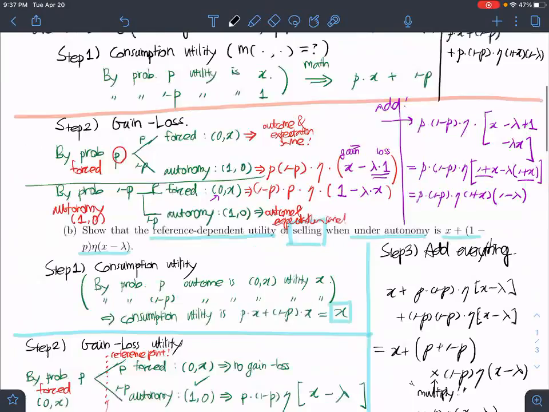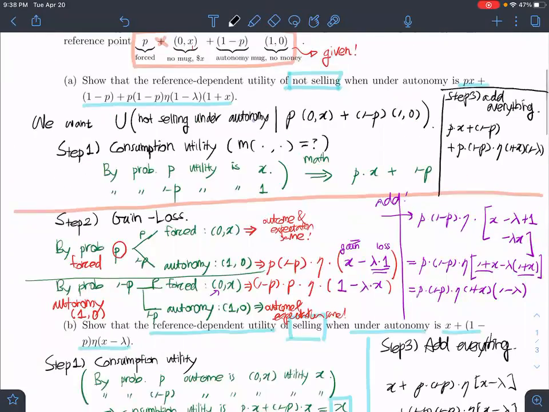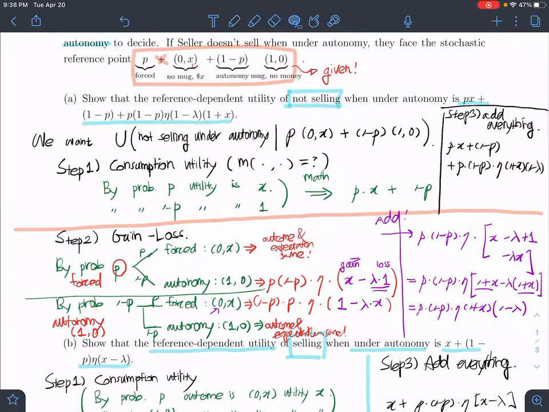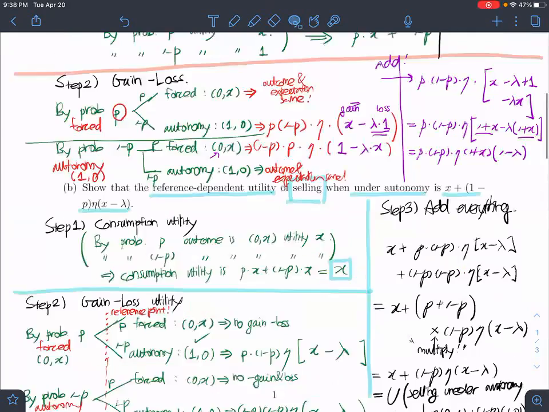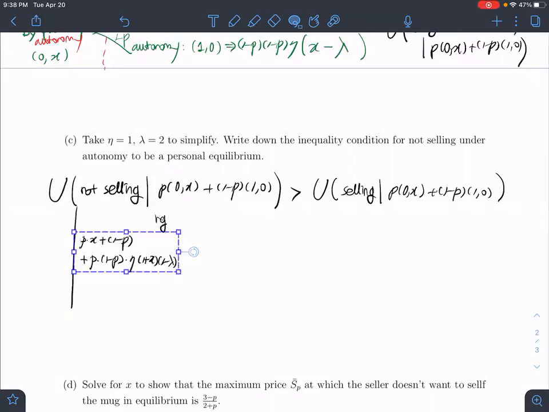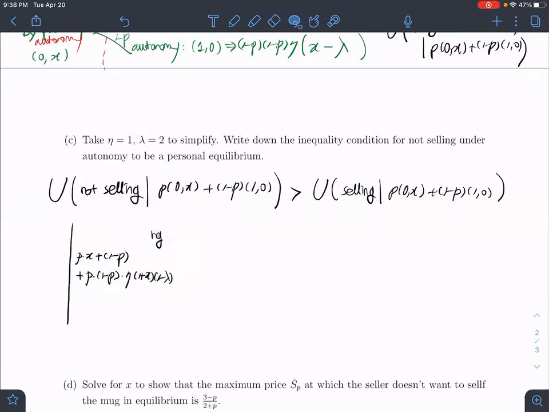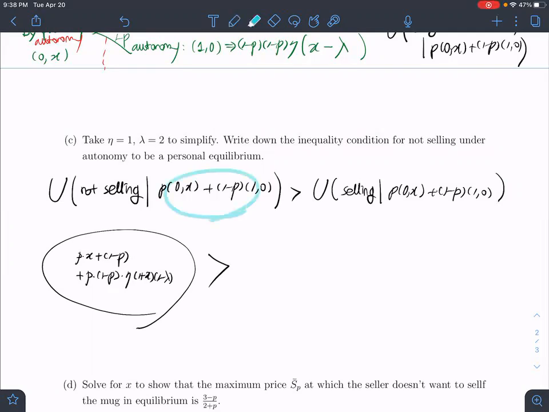Okay, so we need this one. Copy, paste. Delete this one. It should be larger than. This left-hand side was the utility of not selling the mug under this blue reference point.